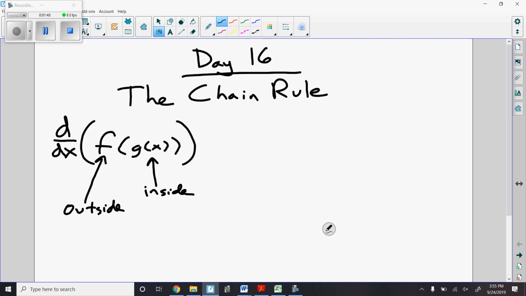So here's the rule. We do the derivative of the outer function, in this case f, but it's the derivative of the outside with respect to the inside. So it looks like this.